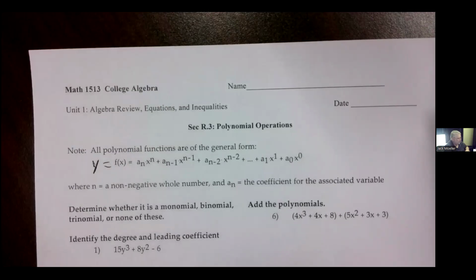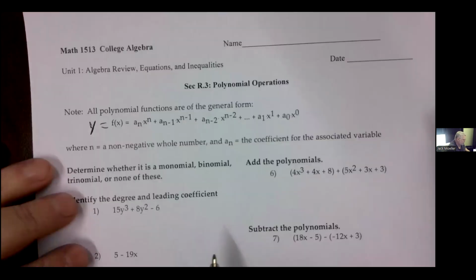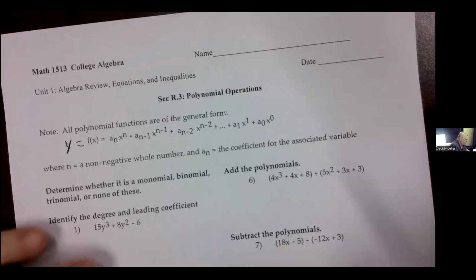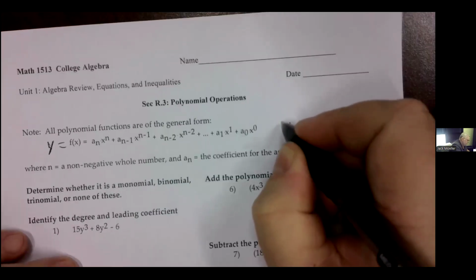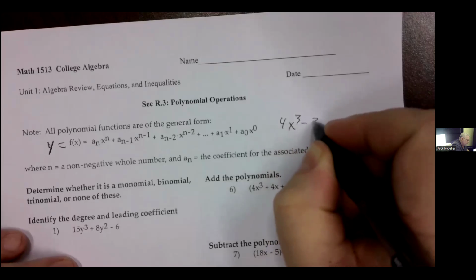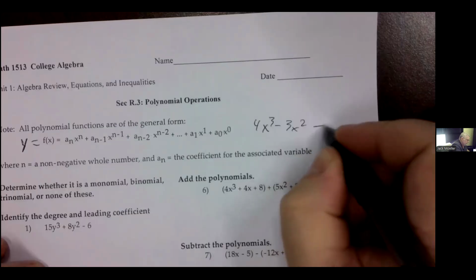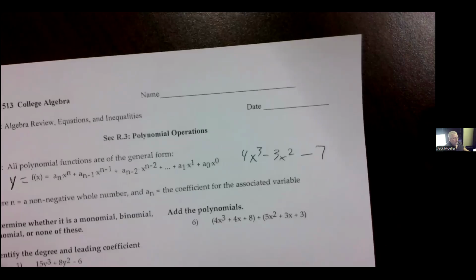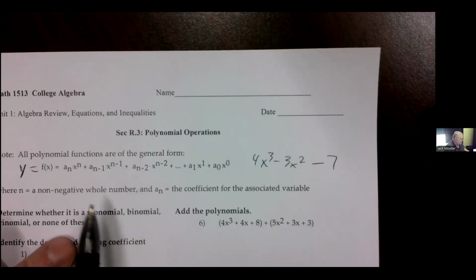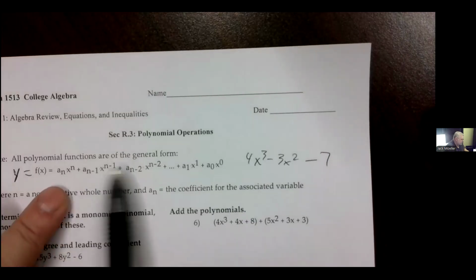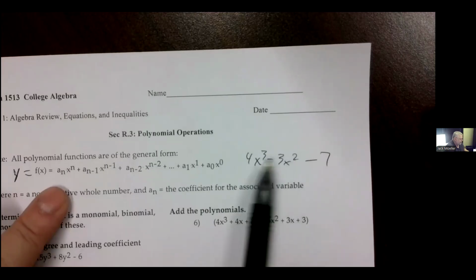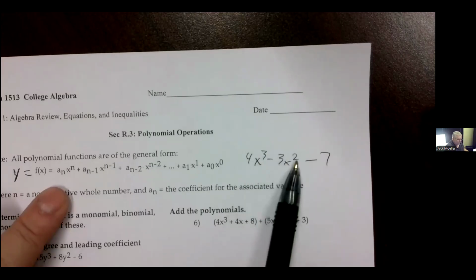Okay, so you might be looking at it and thinking, oh my gosh, this is how we're starting the semester. But this is just the general notation for a polynomial. For example, if you see 4x cubed minus 3x squared minus 7, that's a polynomial because, first of all, those n's are the exponents. For a polynomial, the exponents have to be positive whole numbers.